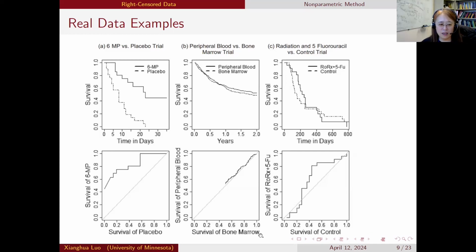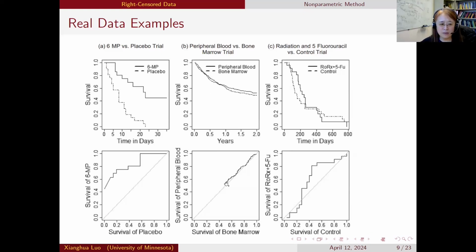However, in our proposed approach, you only need to present one curve. Maybe the benefit is not that obvious, but when I continue to talk about effect modification, this decreased dimension feature will give us some advantage.